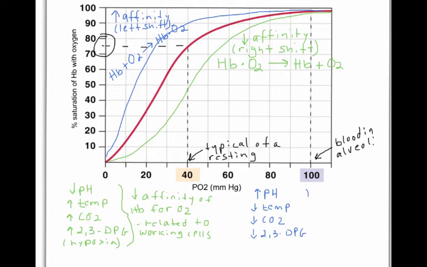And these are factors that increase the affinity of hemoglobin for oxygen.